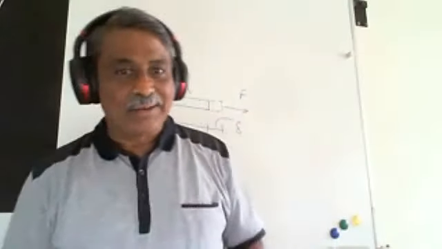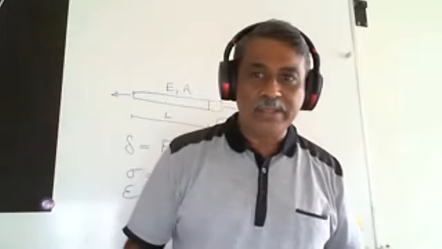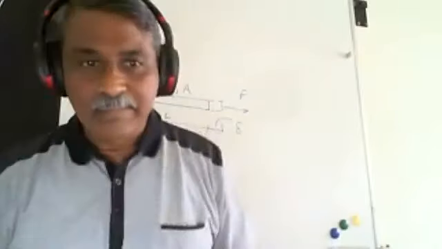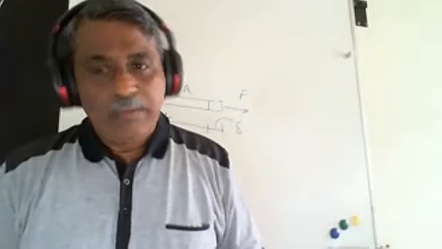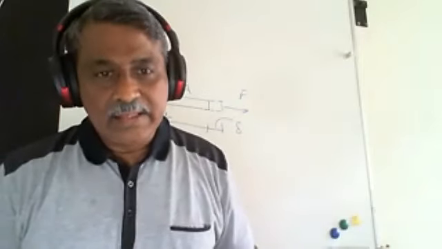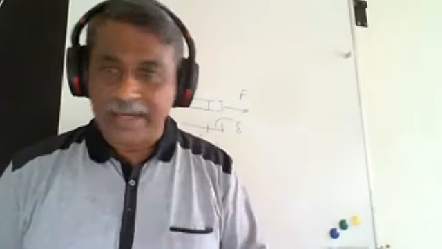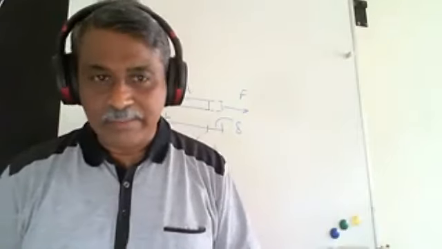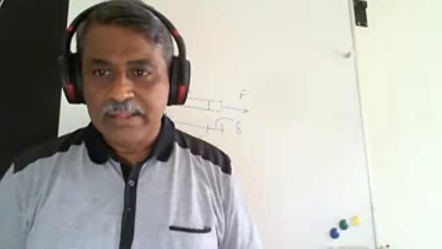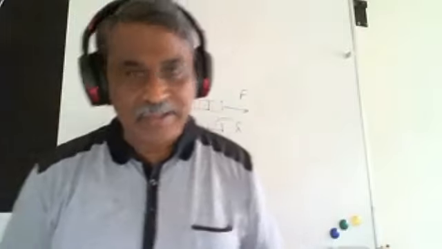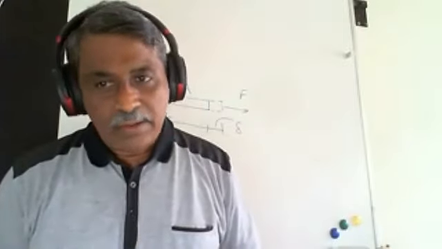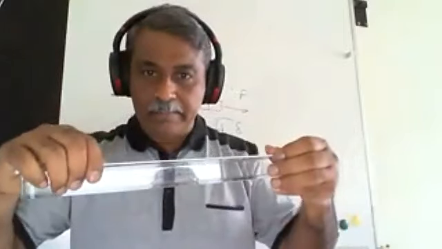Where is the discrepancy? What is happening here? Very good question. Can I add the strain just like that? There is a change in reference. Okay. All right. So how do I now find out the total strain?